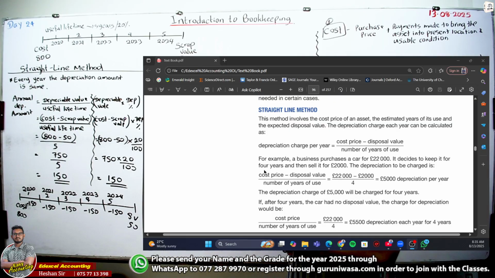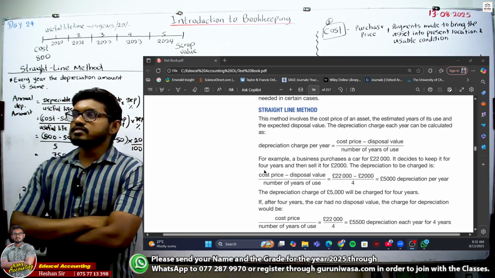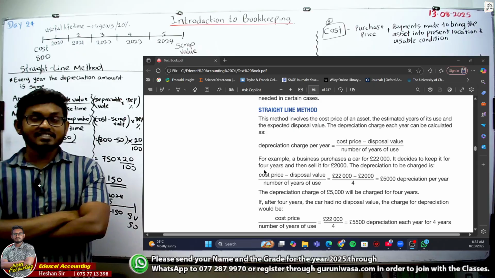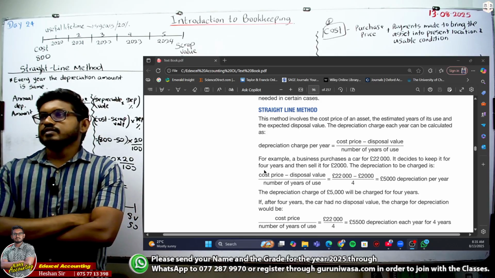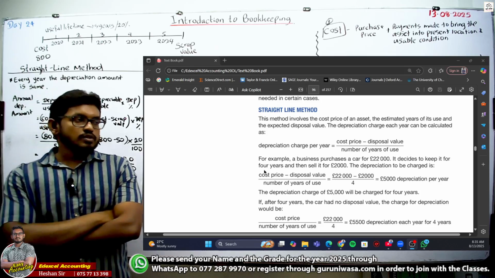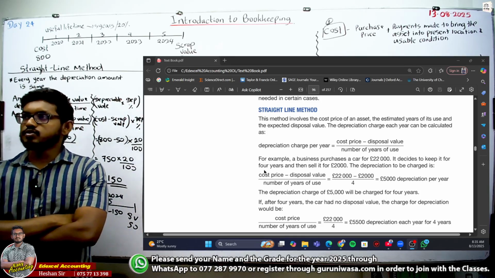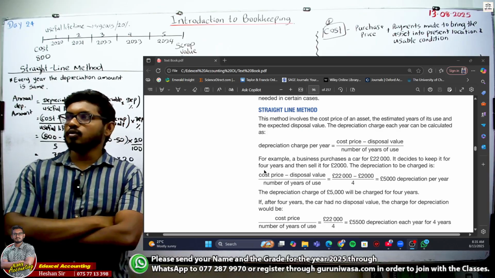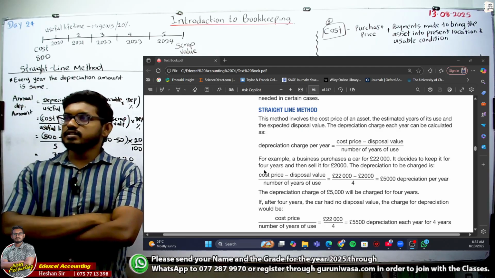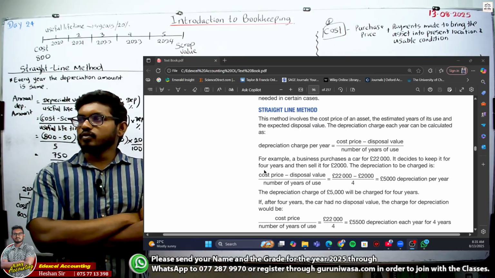So think this is the cost. It is decided to keep it for 4 years and sell it for 2,000. 4 years is the useful lifetime, the number of years. Selling it for 2,000 means the scrap value. You can see 22,000 minus 2,000 is 20,000, divided by 4 years, gives 5,000 depreciation per year. The depreciation charge of 5,000 will be charged for 4 years.